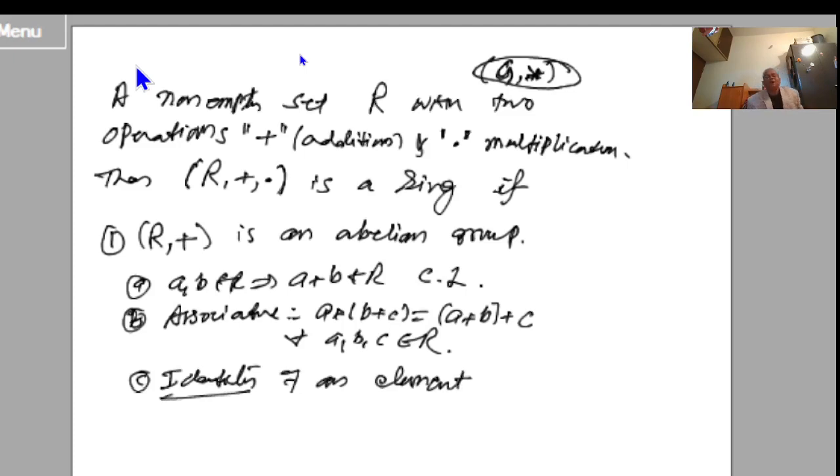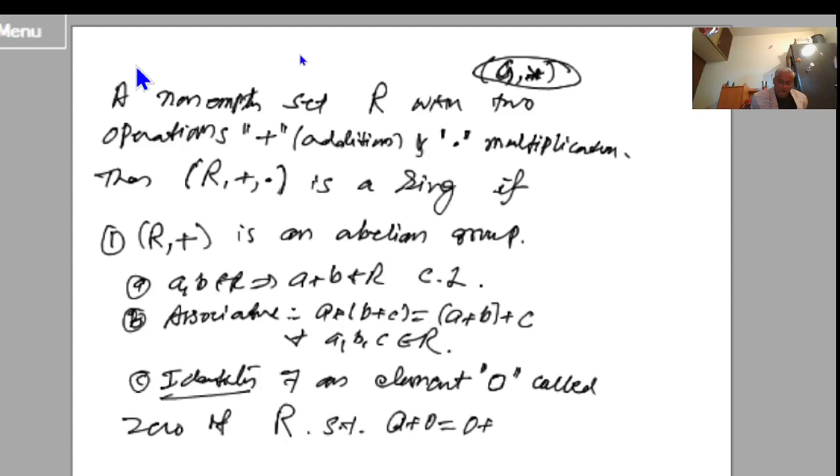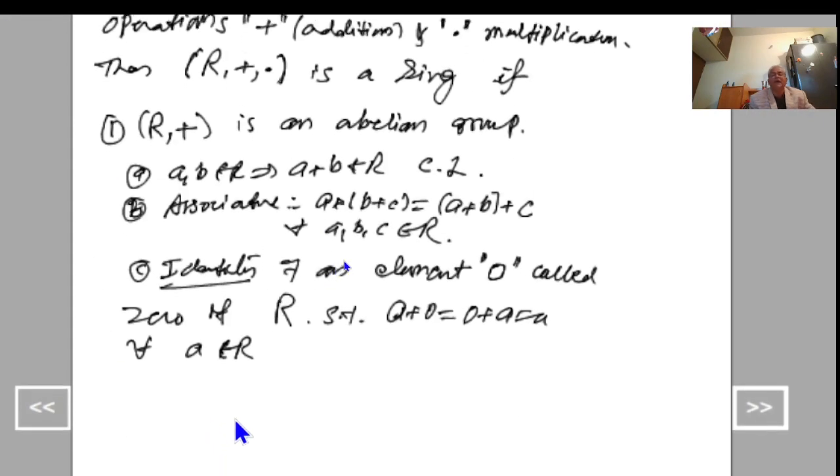Instead of taking E, I will write this identity like this, 0. 0 is the identity element, called 0 of R, and is such that A plus 0 equals 0 plus A equals A. This is true for all A belongs to R. That is, instead of writing E, I am writing this as 0.